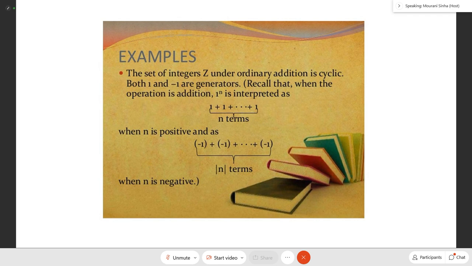Then I have some examples: both 1 and minus 1 are generators of Z. This is simply Z, the set of integers under ordinary addition. So not addition modulo n. If I am considering the set Z under ordinary addition, then both 1 and minus 1 are generators. How is this?